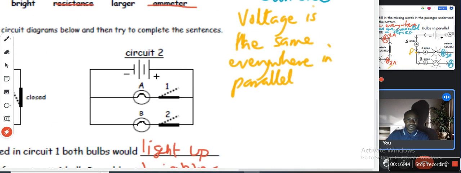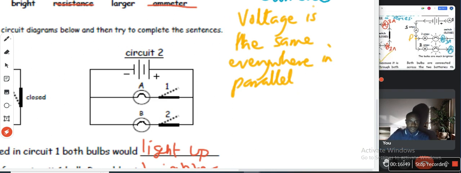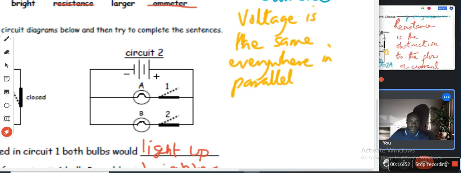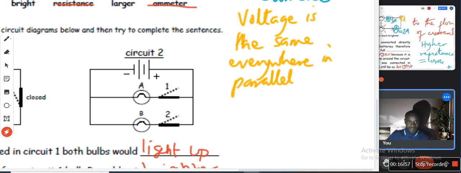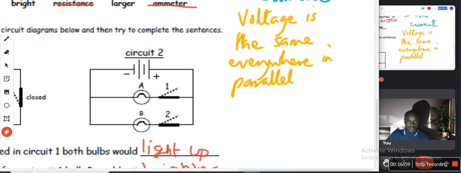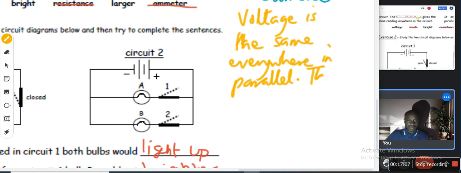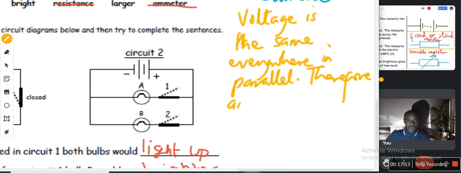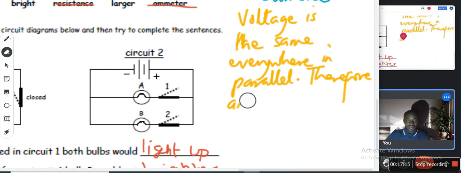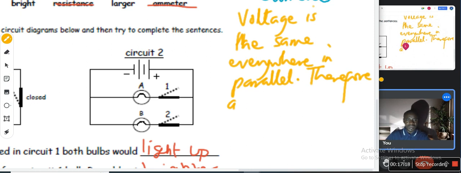Read what I wrote in yellow. Scroll down to the right hand side. It's on the right hand side. Voltage is the same everywhere in parallel. So what instrument do we use for measuring voltage? The voltmeter. Therefore, a voltmeter, because it measures voltage that is the same everywhere in parallel, is connected in parallel.